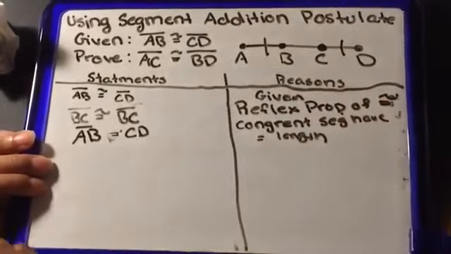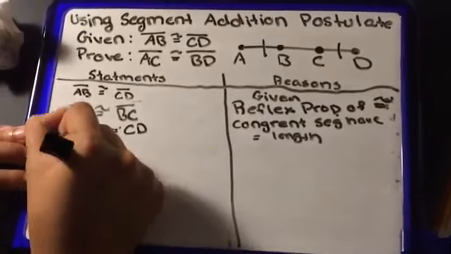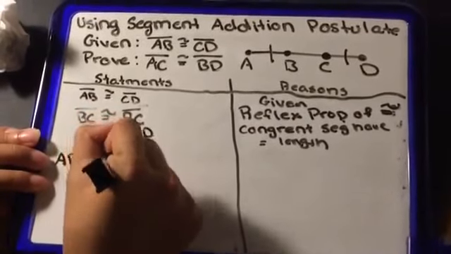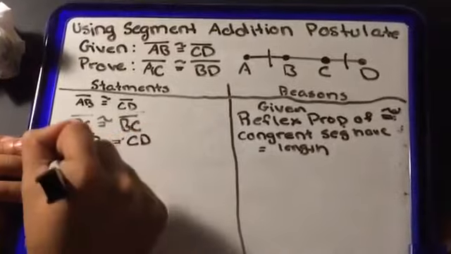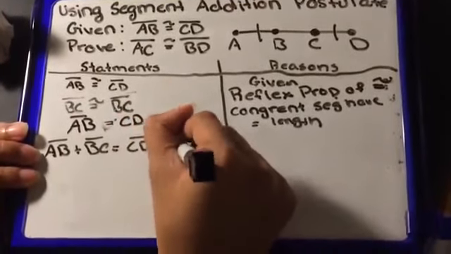Now, using the addition property of equality, we know that segment AB plus segment BC is equal to segment CD plus segment BC.